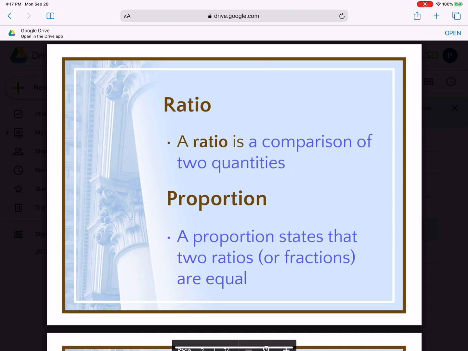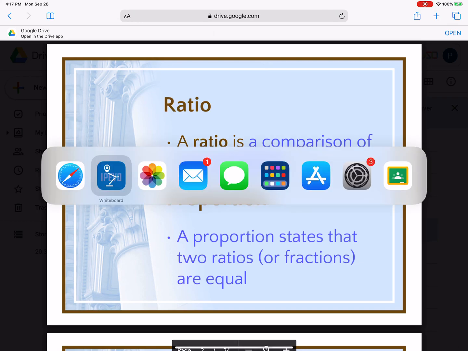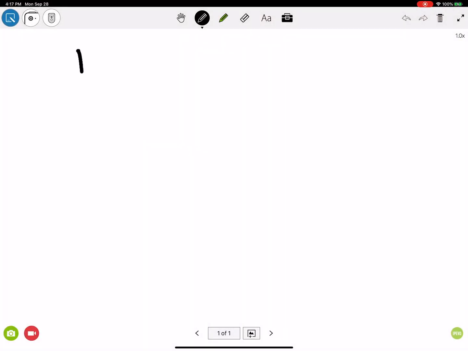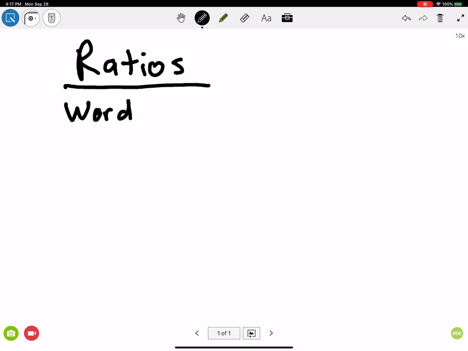If there are 10 boys and 12 girls in a class, the ratio of boys to girls is 10 to 12. When we're writing ratios, ratios can be written in words, meaning the word to. So if it's 10 boys and 12 girls, it would be 10 to 12.